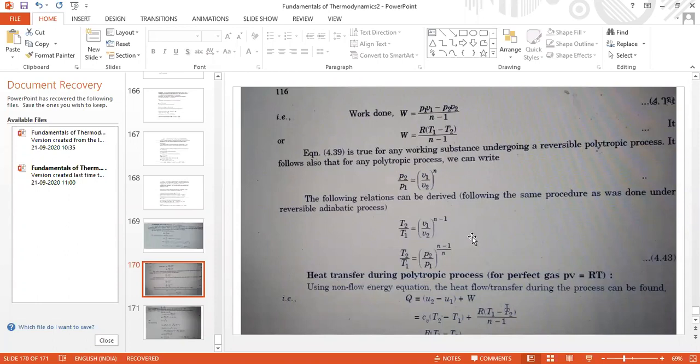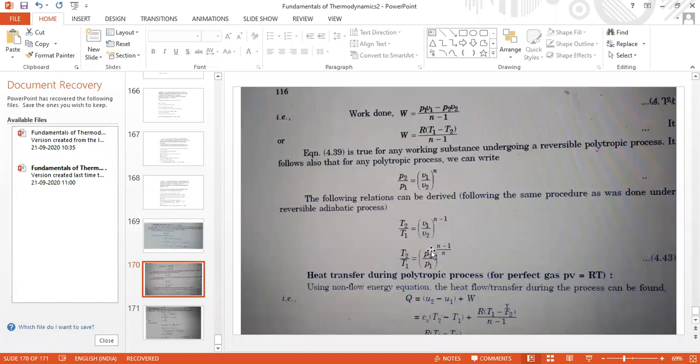Since all these are simple mathematical manipulations, in the textbooks generally they won't give all the steps, because at the engineering level they expect you to be thorough with the mathematical points. So in this way, T2 by T1 is written as (V1 by V2)^(n minus 1).